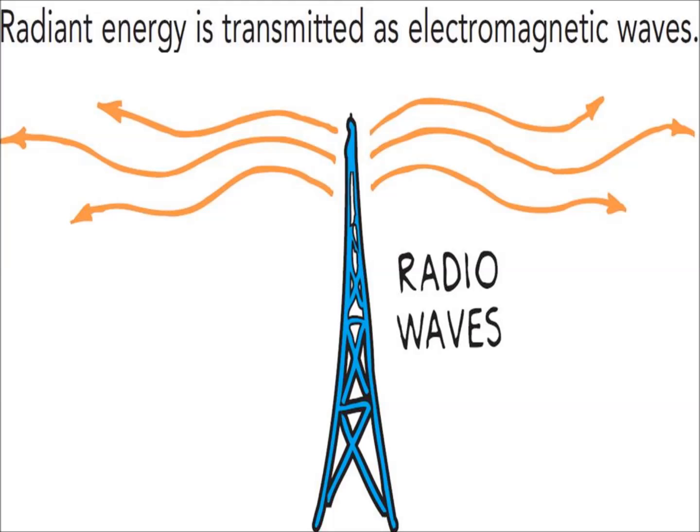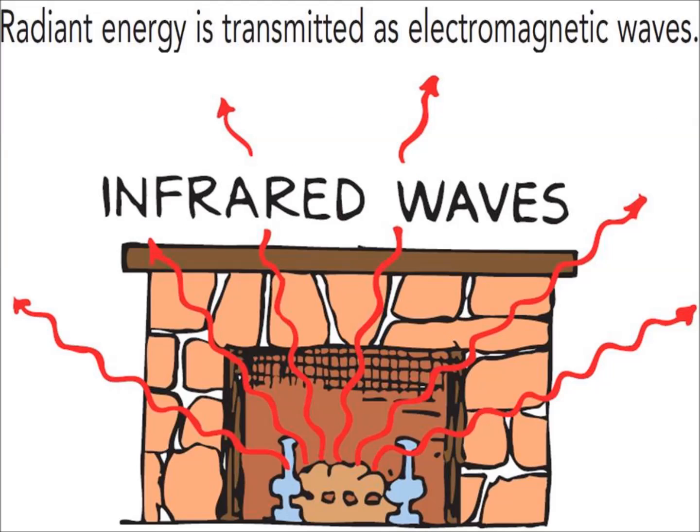So radio waves have the longest wavelength, and heat, infrared, have shorter wavelengths. Now, if you have a fireplace, the fireplace is heating through infrared waves. So the hot fireplace is transmitting its energy through infrared waves.